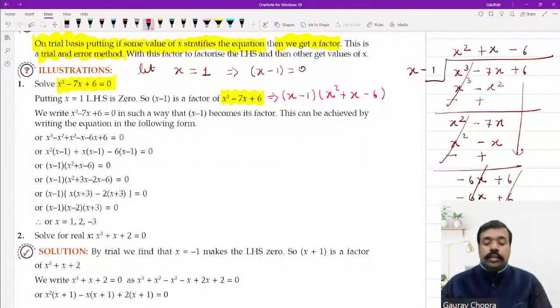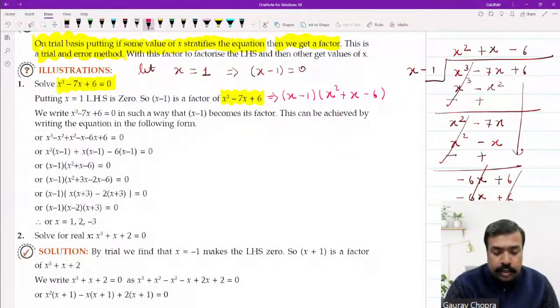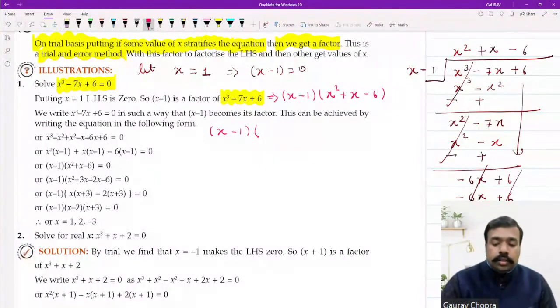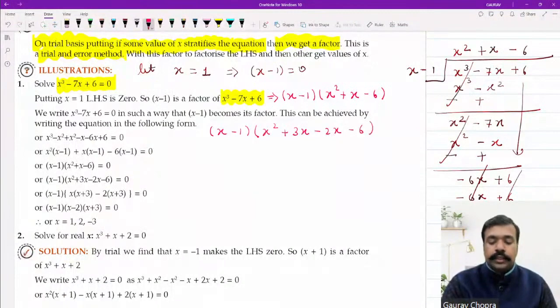All right. Now we can split this into another part. We can make the factors of 6. So x square plus 3x minus 2x minus 6. We can take x as common, x plus 3. Again, 2 as common, and it will be x plus 3.